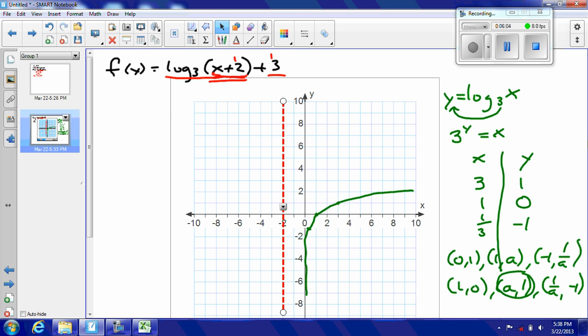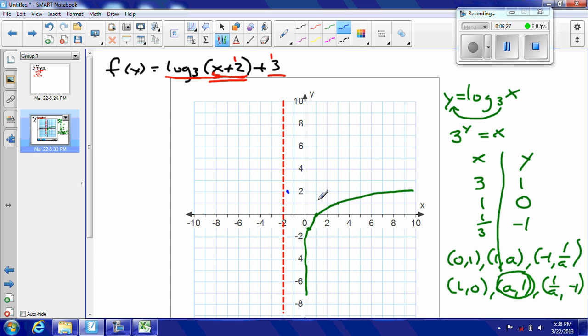Now I'm going to just move my points. So let me get a different color. Let's use blue. I'm going to move this point here, which was (1/3, -1), left 2 and up 3: 1, 2, 3. So that point is right about there.